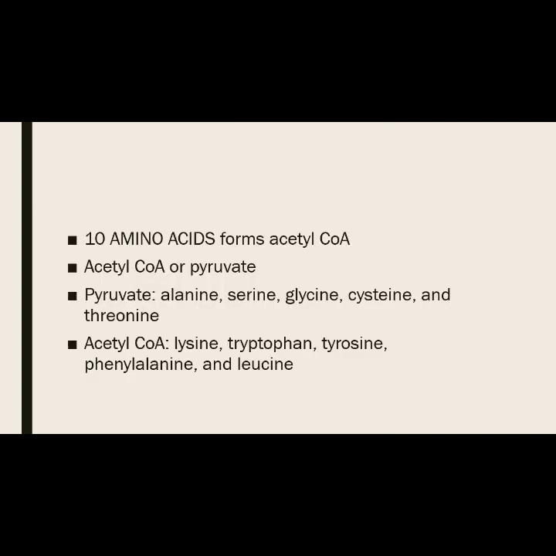As what we said last time, you have 10 amino acids that form your acetyl coenzyme A, or your pyruvate. For your pyruvate, you have your alanine, serine, glycine, cysteine, and threonine. For those that form acetyl-CoA, you have your lysine, tryptophan, tyrosine, phenylalanine, and leucine.